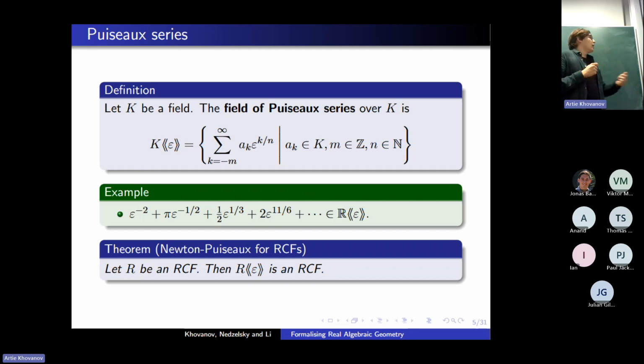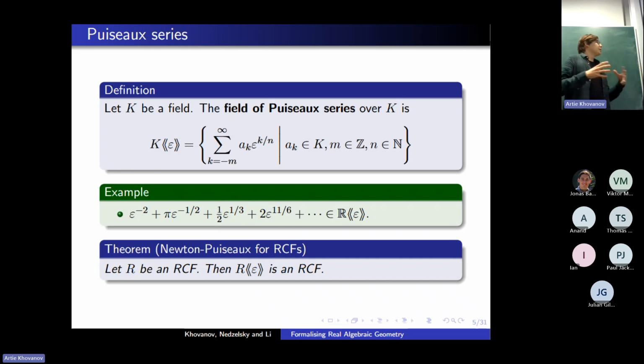Now, you might see that in my definition of the field of Puiseux series, I've taken the indeterminate variable to be epsilon. This is suggestive notation, because in the ordering on my real closed field, this epsilon is going to be positive and smaller than every element of my field. That's the only way I can order it.